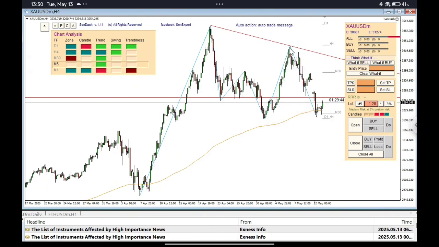This is one distance. SenDash takes the last 30 sets of peaks and troughs, finds the average distance, and uses that distance of the 5 minutes time frame to calculate the appropriate lot size for you automatically to risk 3% of the board.